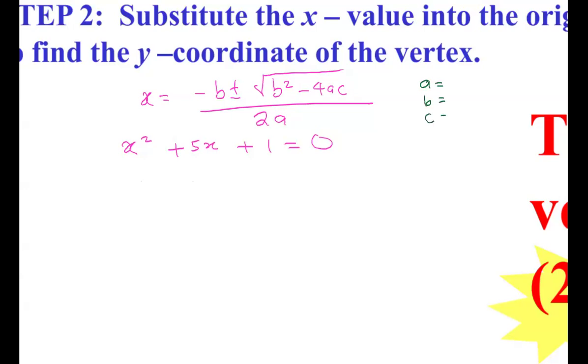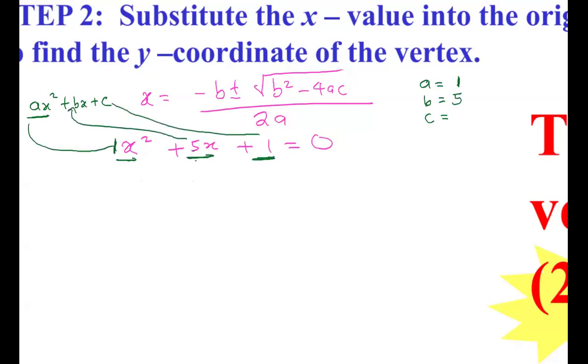This is the quadratic equation, ax squared plus bx plus c. A is beside x squared. Because there's no number beside x squared here, it's going to be 1. So a equals 1. B, can you see b is before x? 5 is before x here, so b is going to be 5. And c, this is c, so c is going to be 1.